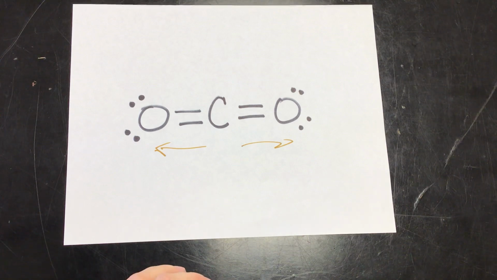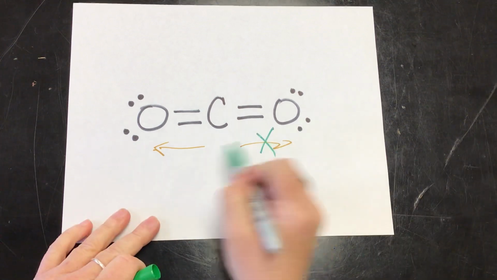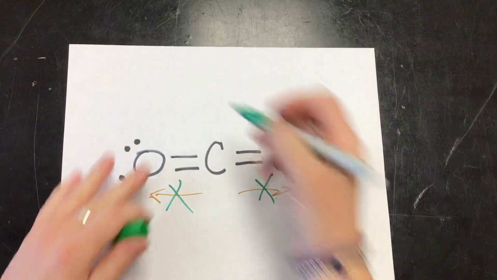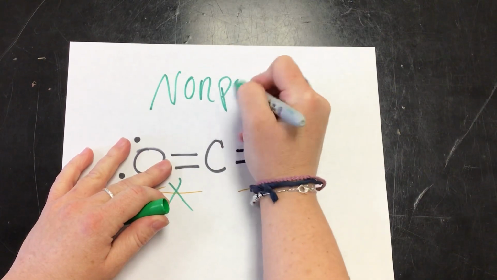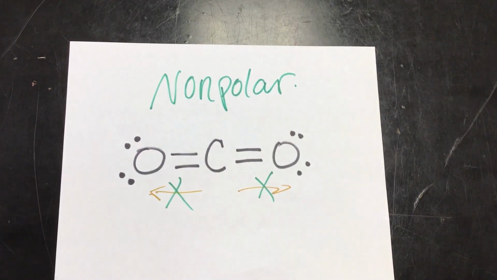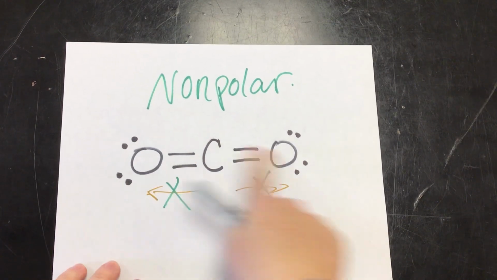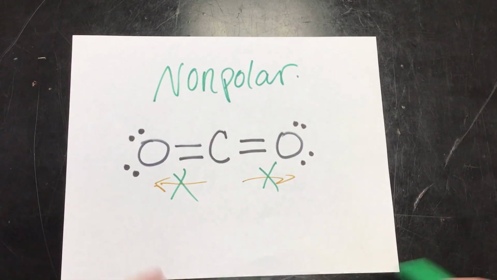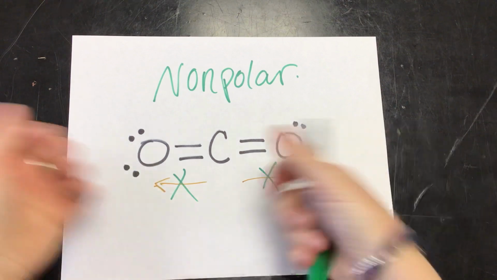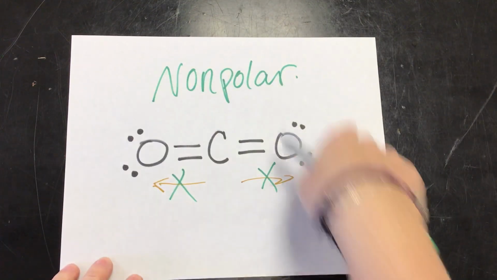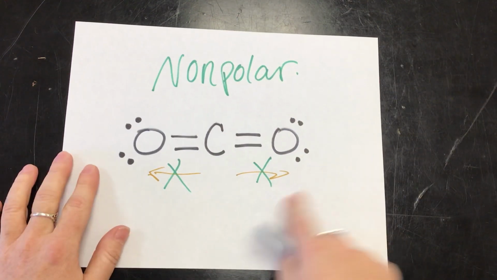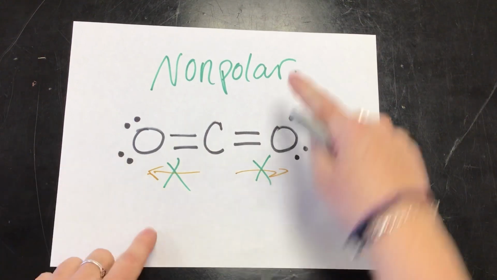Because there's an equal pole out to each side, those poles actually cancel, and this is a non-polar molecule. So if you can't determine which way you would draw one arrow, and they're both going out to all sides, or if you can quickly see that the compound is symmetrical on all sides, then it is a non-polar molecule.